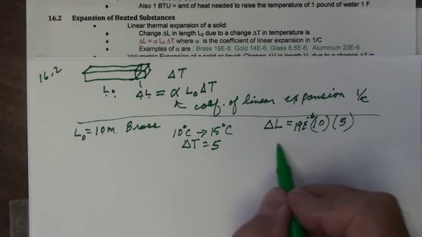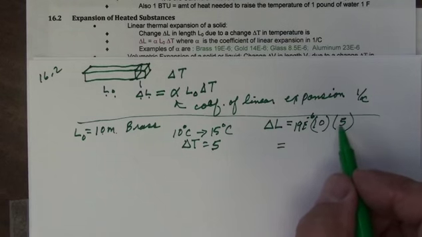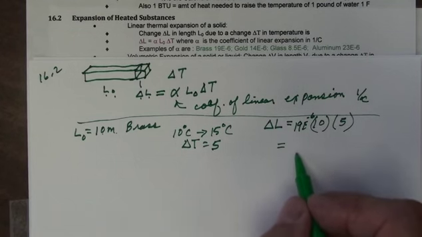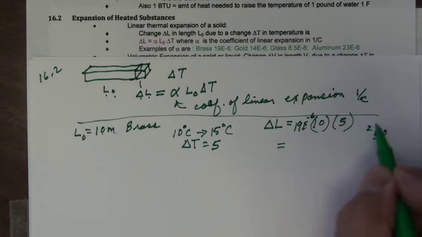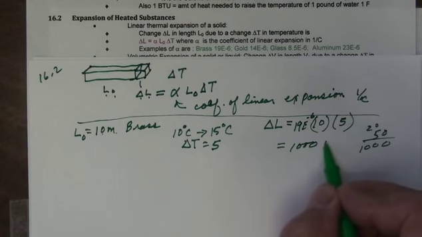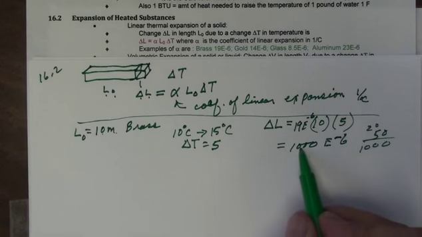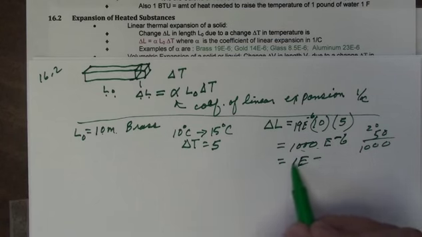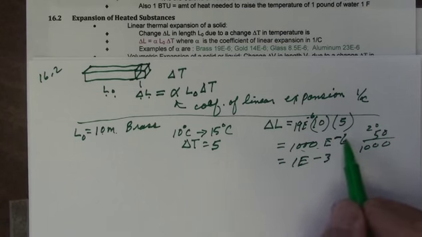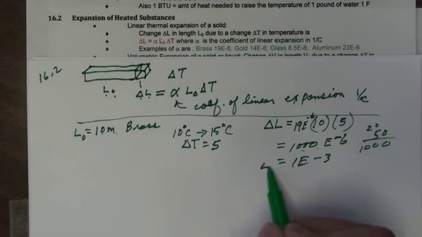And so what we would get here is this is about 20, so we could round that off. 5 times 10 is 50, times 20 is 1,000 e to the minus 6. Well, that's 3 more places, so this is going to be equal to 1 e to the minus 3. So this is a good approximation.